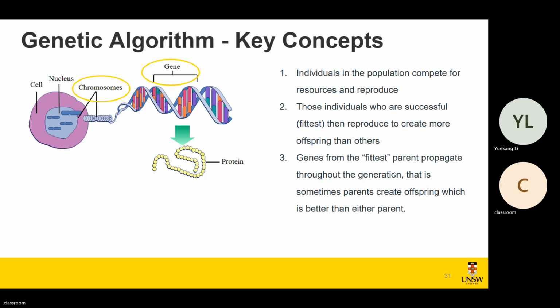That is because we may sometimes combine good genes of different chromosomes, right? So most likely the offsprings can be better than both parents. Each chromosome is considered as an individual, and each gene here is some kind of characteristic of the chromosome.